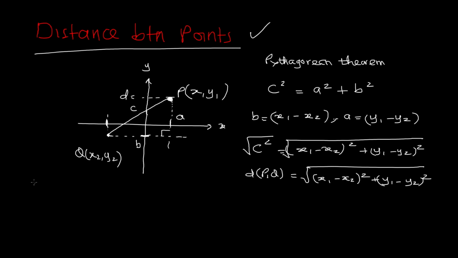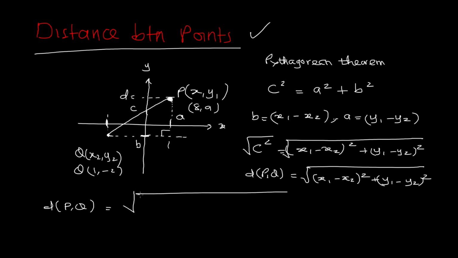For example, if P was 1, negative 2, like that, and Q is 8, 9, what would be the distance? So the distance PQ is equal to, now we're replacing into our equation.